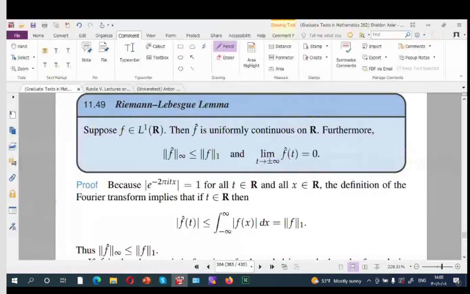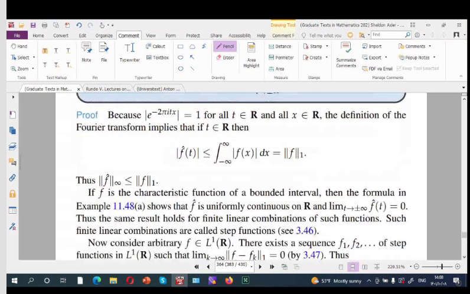Thus the infinity norm of f hat is less than or equal to the one norm of f. This holds for any f in L1.